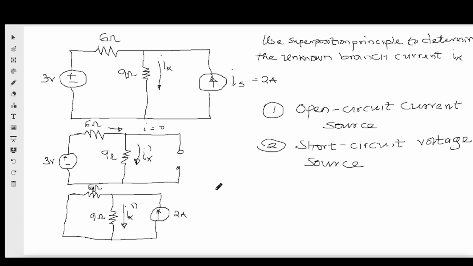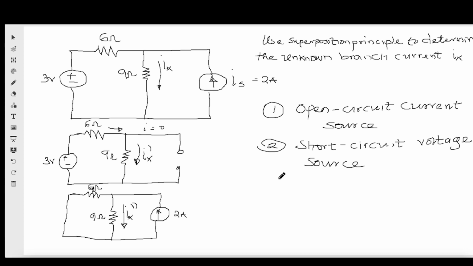And remember what I said when we did current and voltage division. If you don't know anything about current and voltage division, I will advise you to go to our video on nodal analysis. That's where I explained what voltage and current division means. So here we have two resistors in series, and therefore we are going to do what?